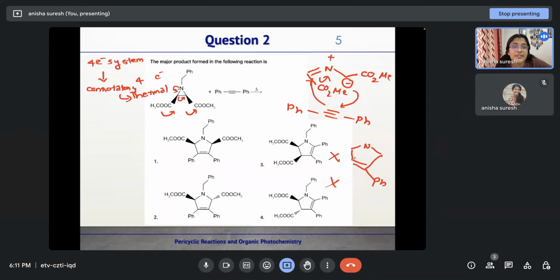This will be Ph, Ph, and this CO2Me. This CO2Me is in trans fashion. One is coming inside and one is going outside. So these are in trans fashion. So the right option will be option 2. Option 2 will be the right answer.